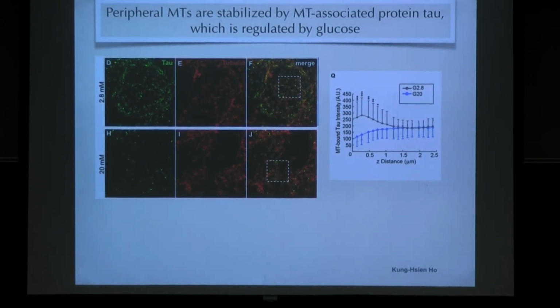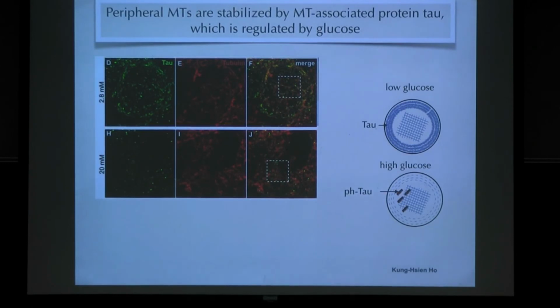Then it falls off microtubules, a standard process described previously in neurons that allows for microtubule destabilization. So in low glucose, tau is sitting at peripheral microtubules and stabilizes them, but in high glucose, it falls off, and those microtubules can now exchange fast.